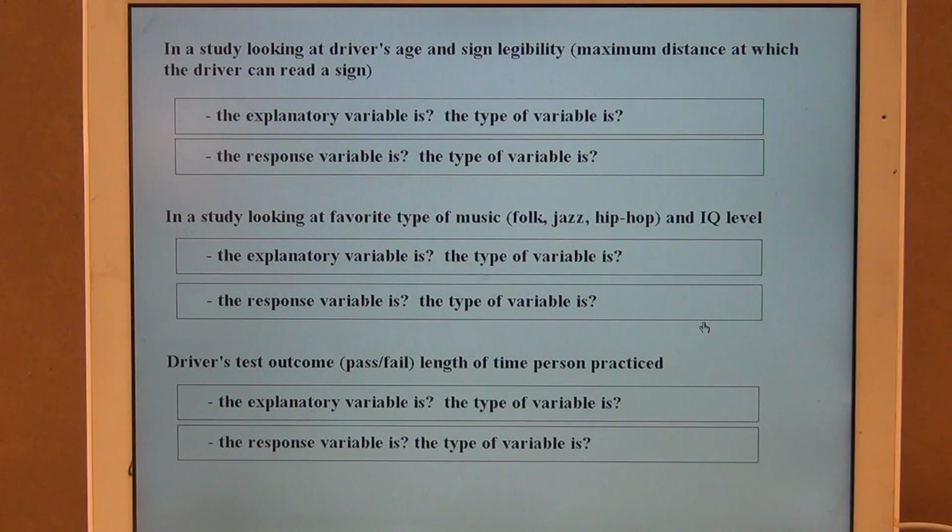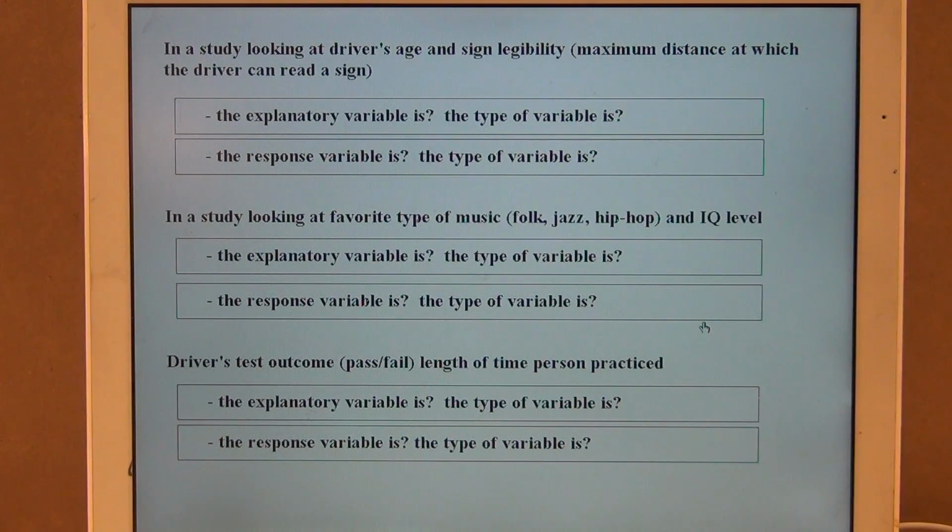All right, well, now we're going to let you take a look here. In a study looking at the age of drivers and sign legibility, in other words, does the ability of a person to see signs decrease with their age?